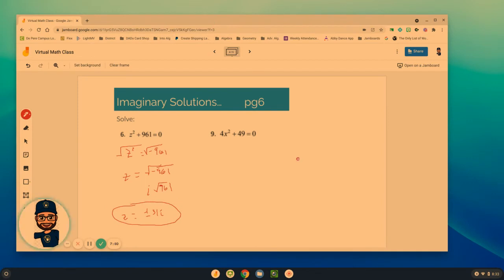Similar process here now in number 9. Okay, we're going to move the 49 so that I've got 4x squared equals negative 49. I'm going to divide by 4 to show that x squared equals negative 49/4. I'm not going to simplify that into a decimal because I notice in this next step of taking the square root, I can find that a little bit easier.